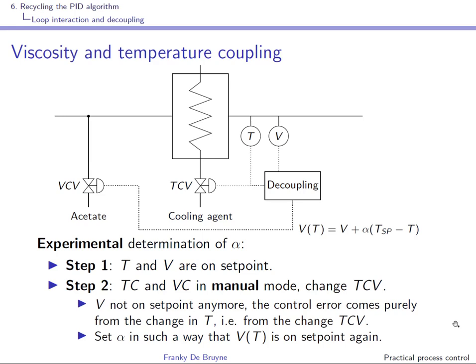Once V and T are on set point, we'll put the two controllers in manual mode, and we'll leave this position constant. What we'll do here, and this is TCV, this control valve that adjusts the cooling agent, is increase the position of this valve, and this will lead to more cooling agent.